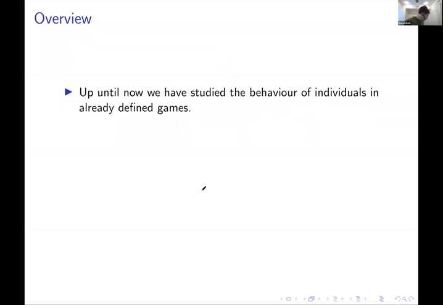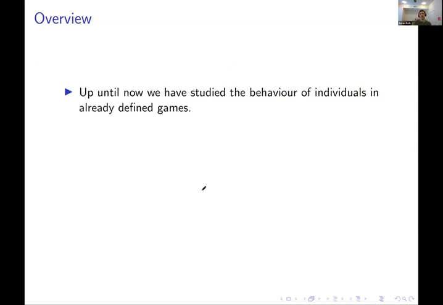So this is sort of the halfway point in the class, and we're going to switch gears from game theory to mechanism design, basically starting today. Up until today, we've been studying game theory, by which I mean we've been taking games as given.